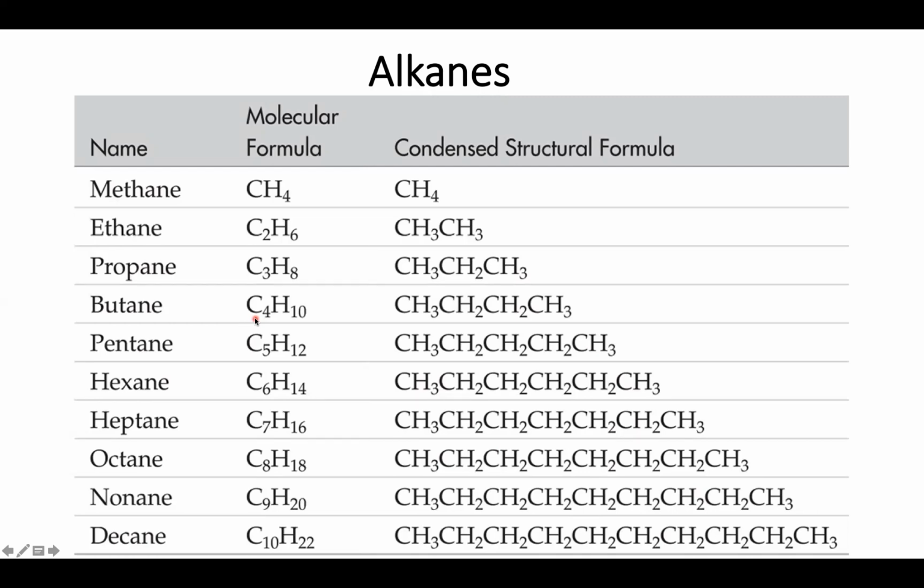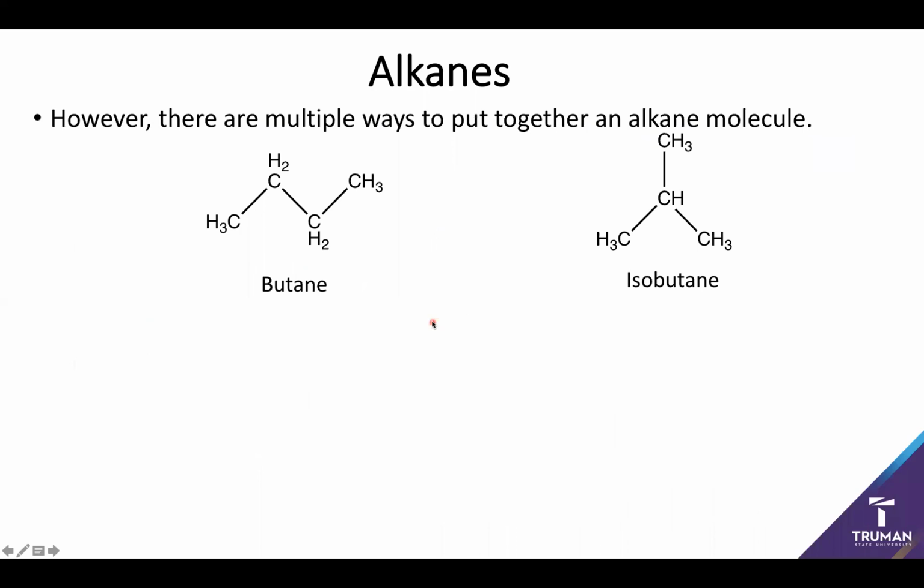However, as we get these longer and longer carbon chains, I have more and more ways I can potentially arrange, say, 4 carbon molecules. Once you get to butane, we can have all of our carbons in a nice straight chain, or they can be what are called branched, and they go off in countervailing directions.